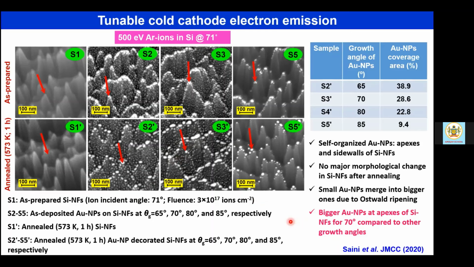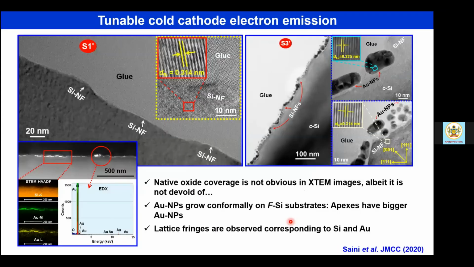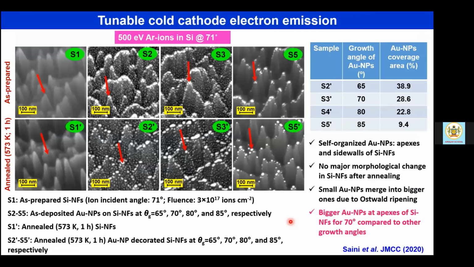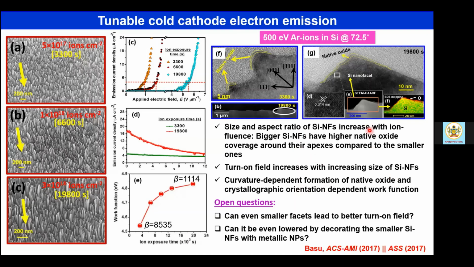Now, again, these silicon facets are crystalline in nature, and what we found is a very small amount of oxidation or presence of amorphous material here. Hardly any. Because importantly, I had told you earlier, we confirmed from several theoretical papers and some of our simulation studies also that formation of native oxide is curvature dependent.